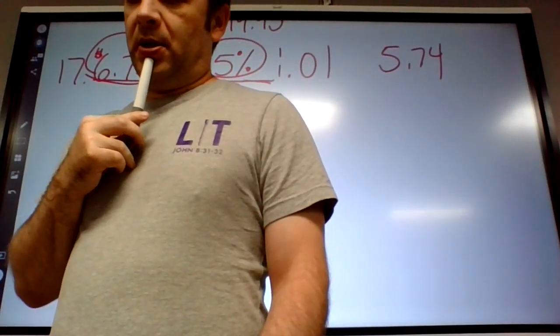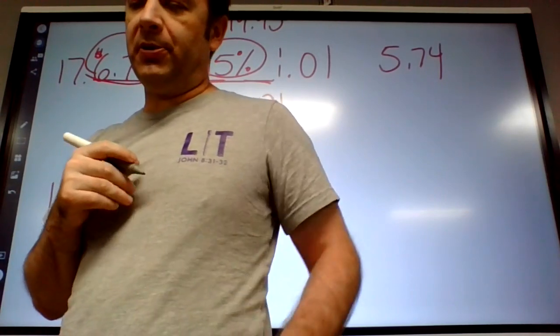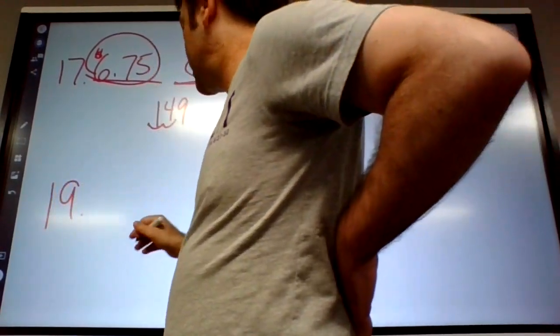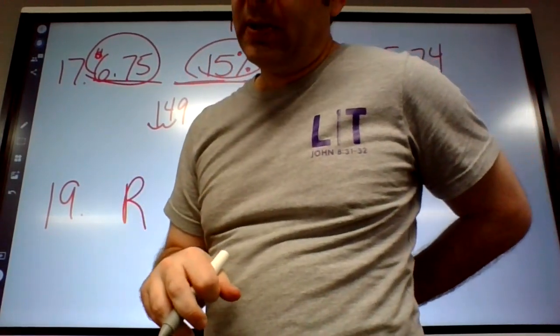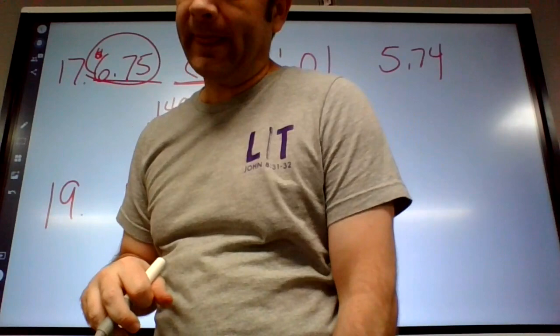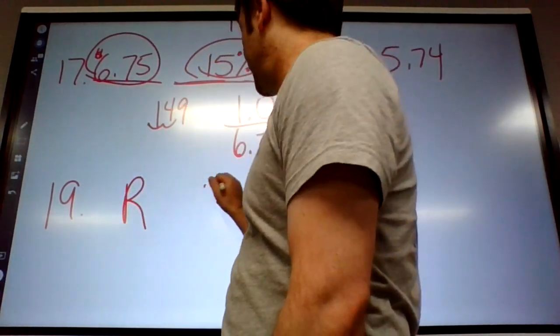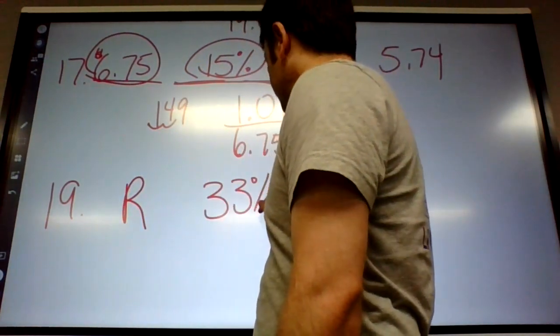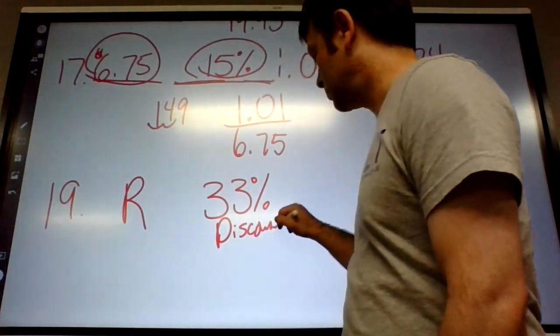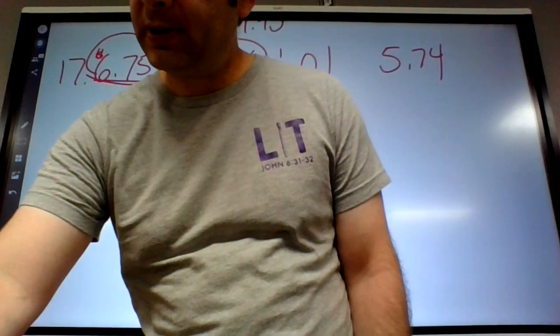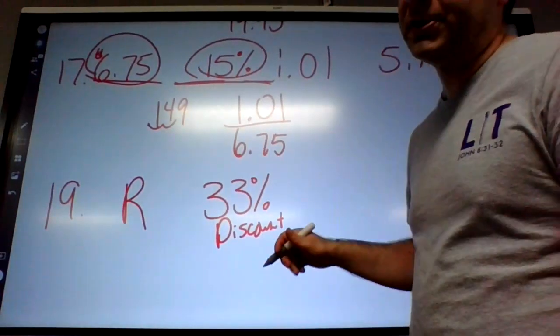Okay, so 19, we don't know the original price. So I'll call it R, I guess, for the retail price. We do know that it's a 33% discount, and the discount is $247.17.